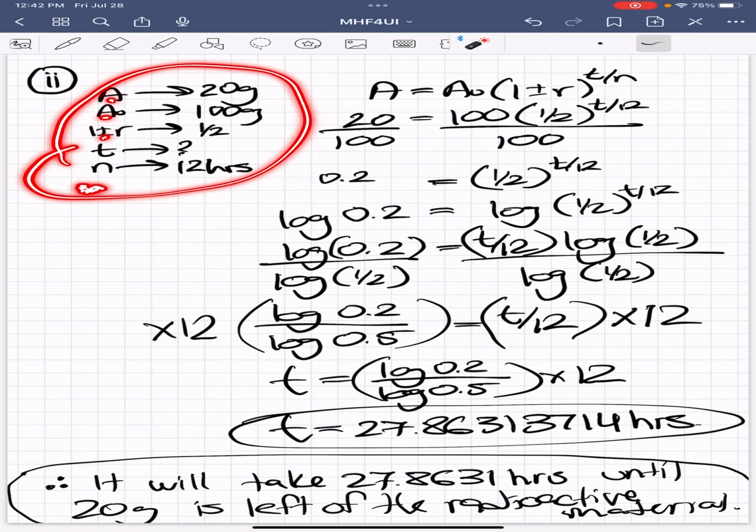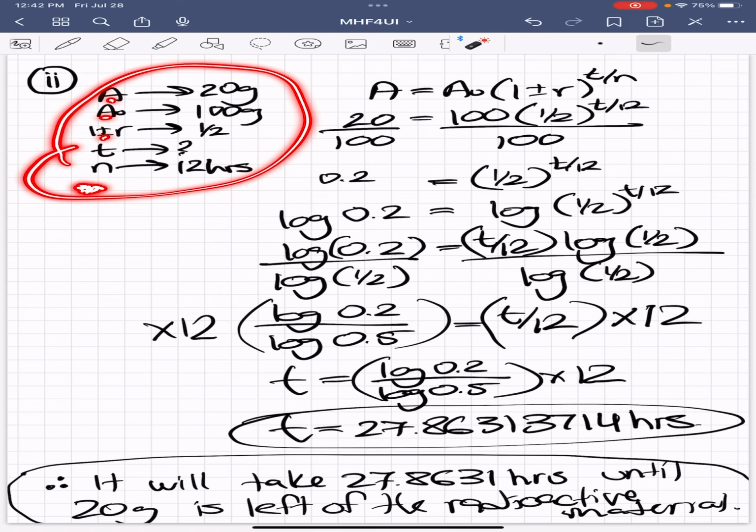We have our half-life, so 1 plus minus r, aka our rate of growth or decay, would be a half. We have the time elapsed. We didn't know the time, but now we do. It's 27 hours followed by some decimals.